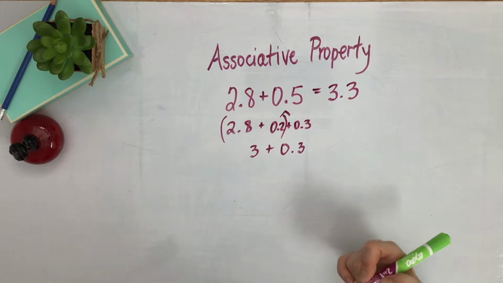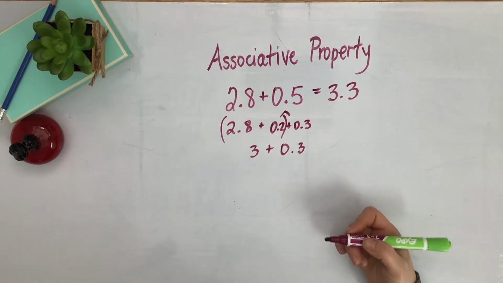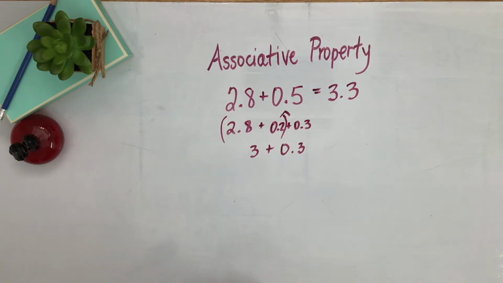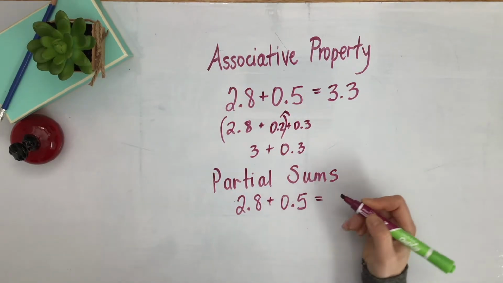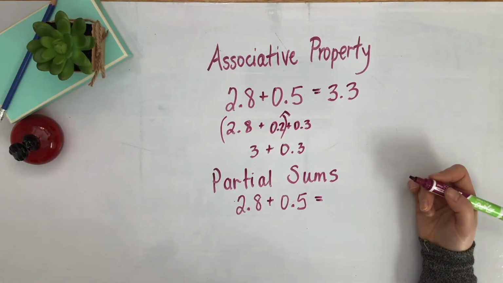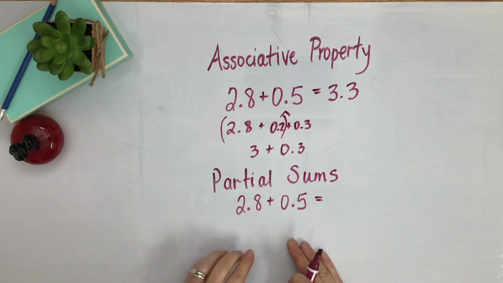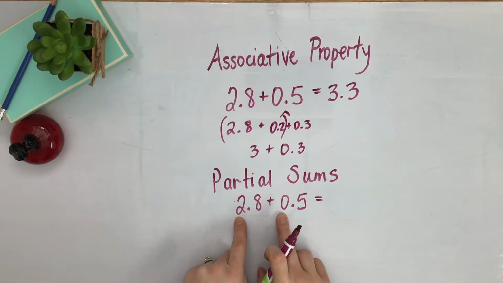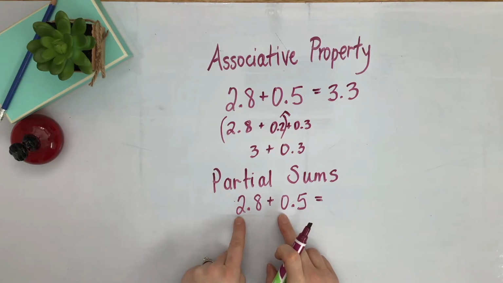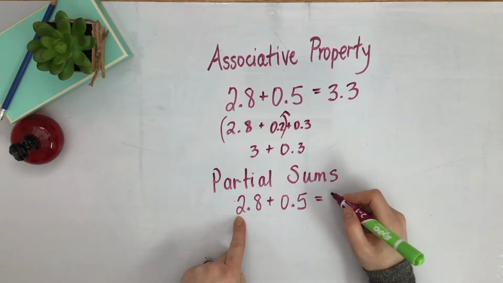Another way you might want to do it is simply by doing partial sums. And we'll find the same answer, but we'll just look at it in a different way. I'm going to just build the sum in pieces. So I'll take my ones and I'll say, okay, altogether I have 2 ones.